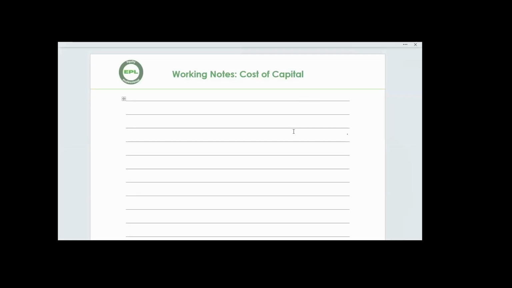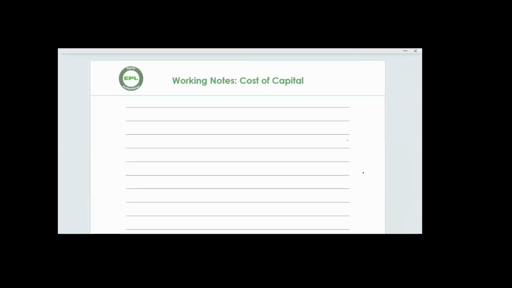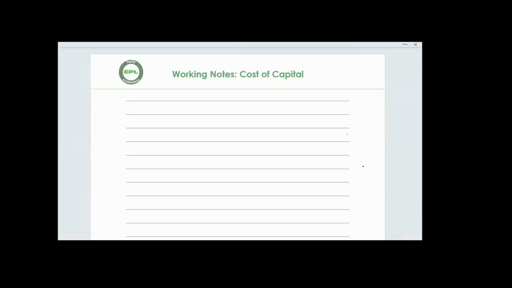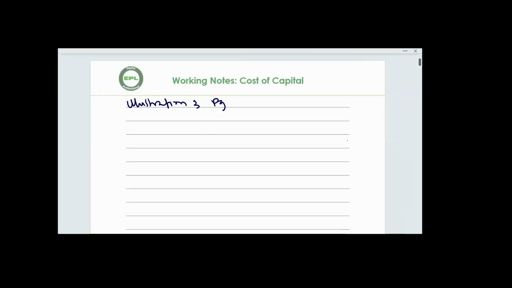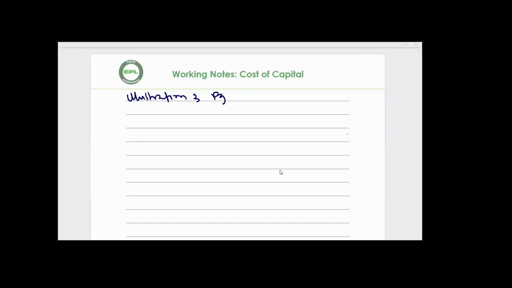So the name of the company is OZ PLC. Let me put it down. Illustration 3, page 45.